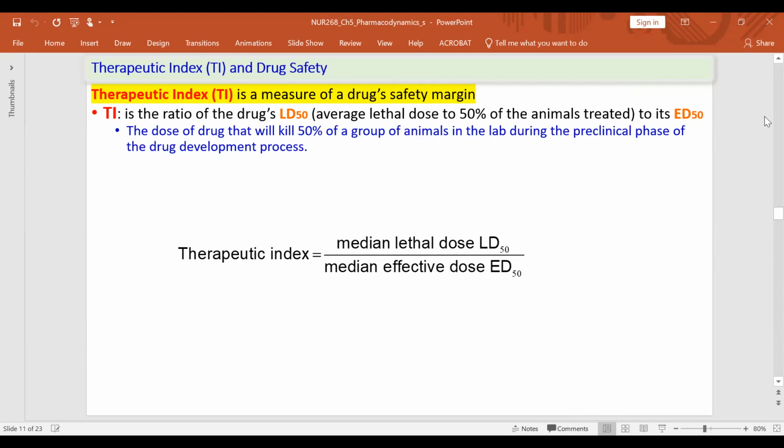The median toxicity dose, the TD50, is a dose that will produce a given toxicity in 50% of groups of patients.